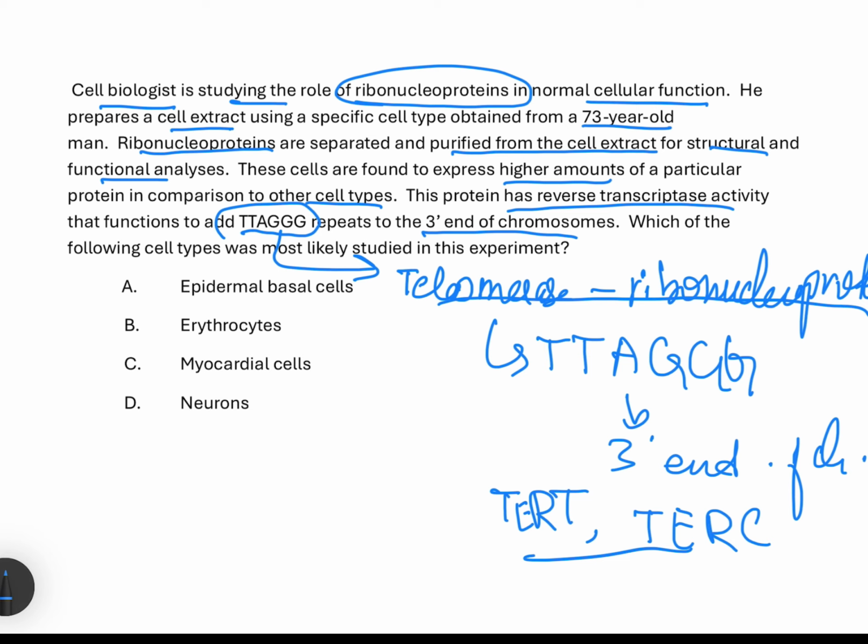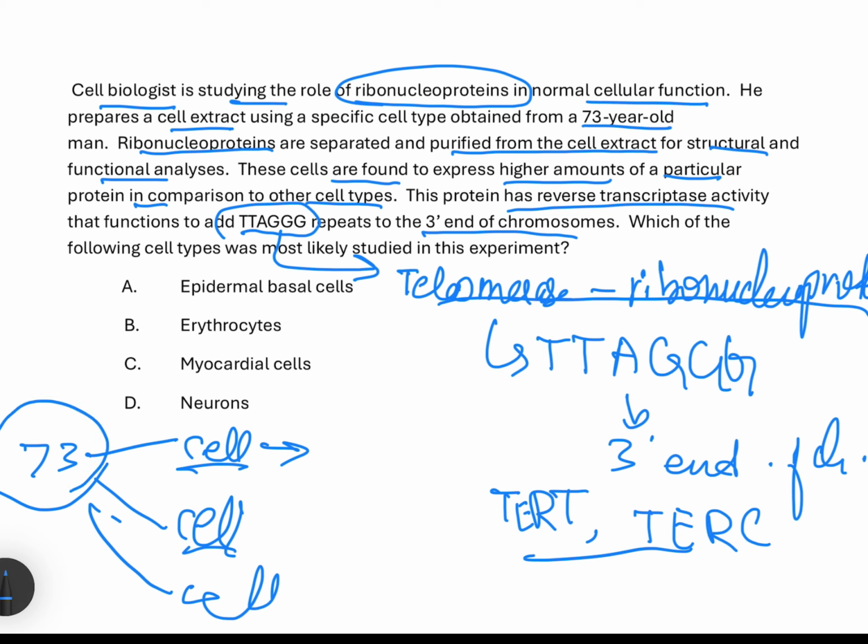to the telomere. But in that they are asking, in the 73-year-old man, he took two types of cells. And in one cell, you find there is rapid growth. They have a higher amount of a particular protein in comparison to other cell types. Why is it happening like that? They took both cells from the same body, the same human being of age 73, but one cell is providing more protein than the others.